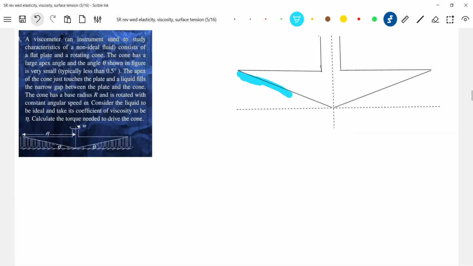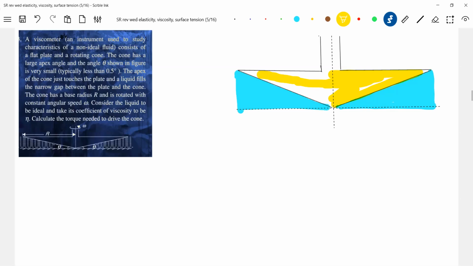Hope you are able to understand. The blue color is the viscous liquid. This is the cone. The yellow one is the cone. Now I think you have a better diagram in front of you.